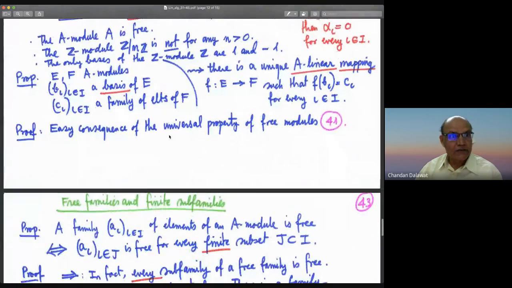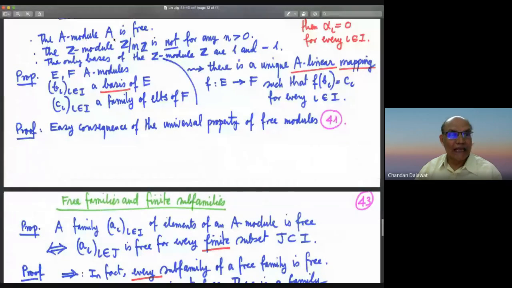So the A module A, of course, is free. The element 1 here is a basis. Z modulo nZ is not free for any n greater than 1. Z itself is of course free, but doesn't have a unique basis. 1 is a basis, and so is -1.